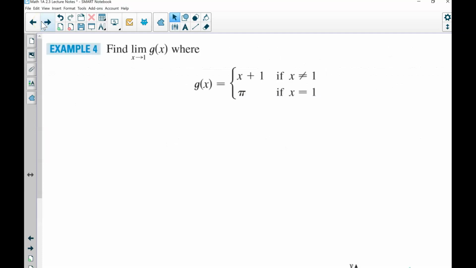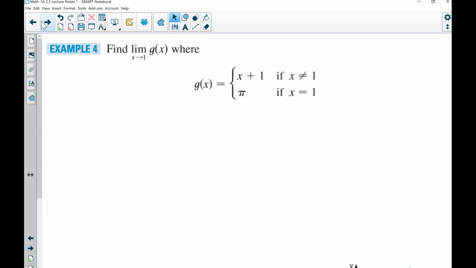All right, let's take a look at example number 4. In this example, we have the limit as x approaches 1 of g of x. Now, g of x is split into two functions. It's x plus 1 if x does not equal 1, and pi if x is equal to 1.